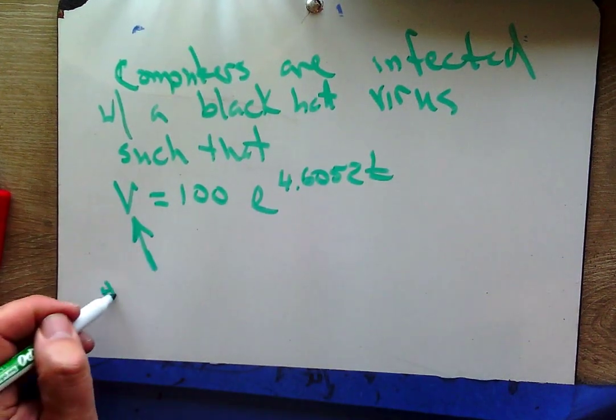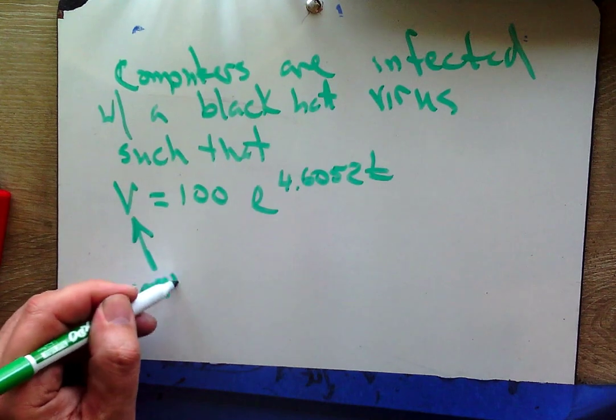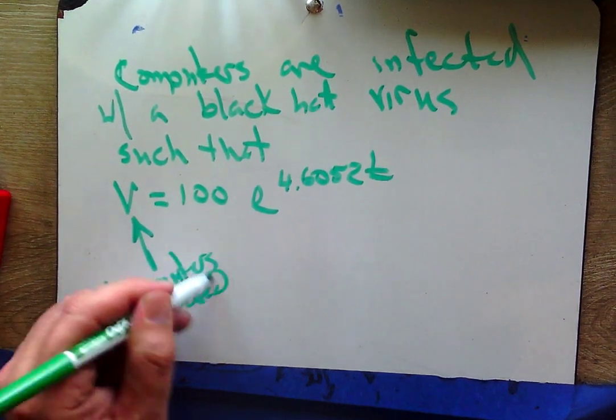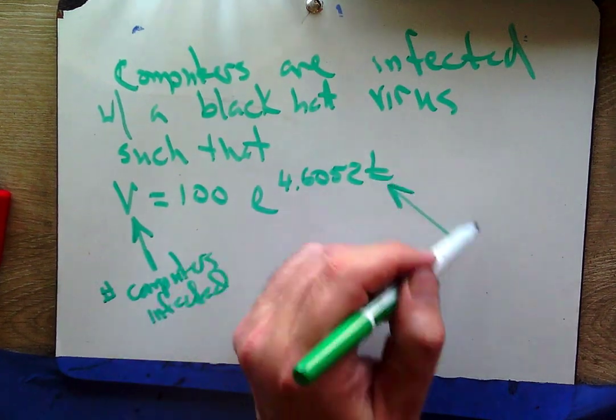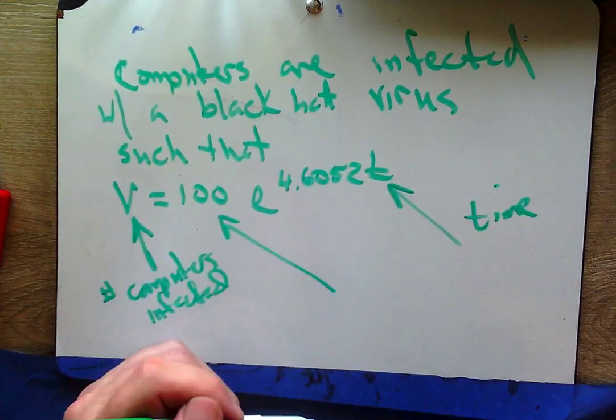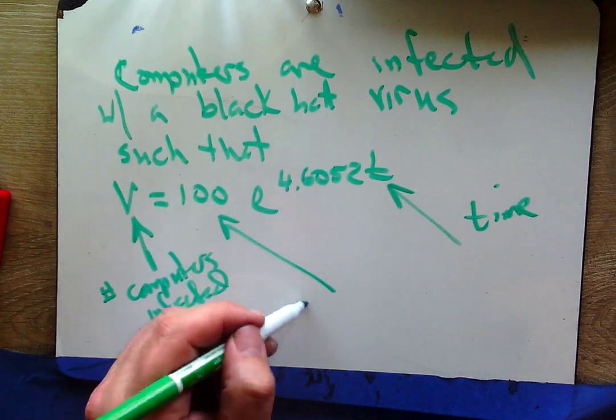V is the number of computers infected, and t is time. This is how many computers were originally infected.